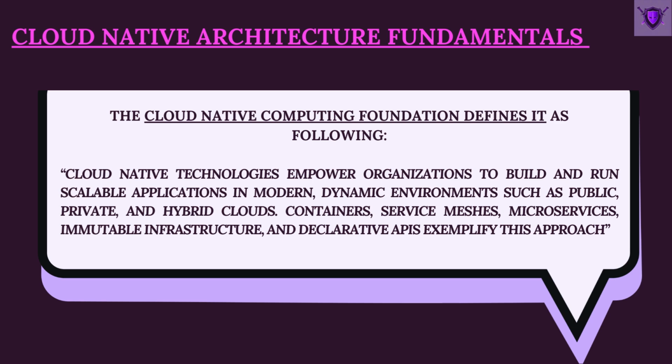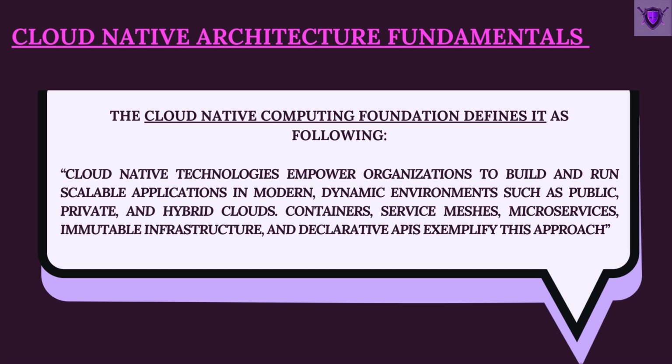Now, once again, when we read this definition, it will be a little simpler to understand. So now we know what containers are, what service mesh is, what microservices are, what immutable infrastructure and declarative APIs are, right? So now let's read this definition again. Cloud native technologies empower organizations to build and run scalable applications in a modern dynamic environment such as public, private, and hybrid cloud.